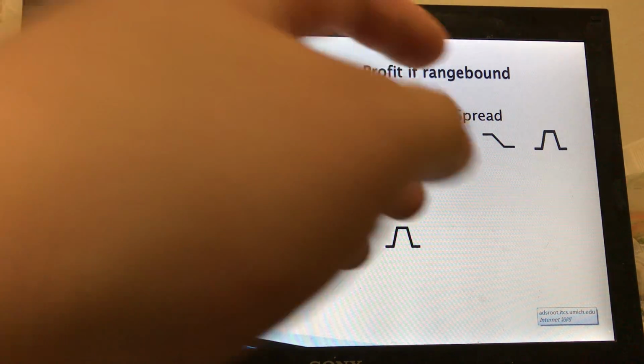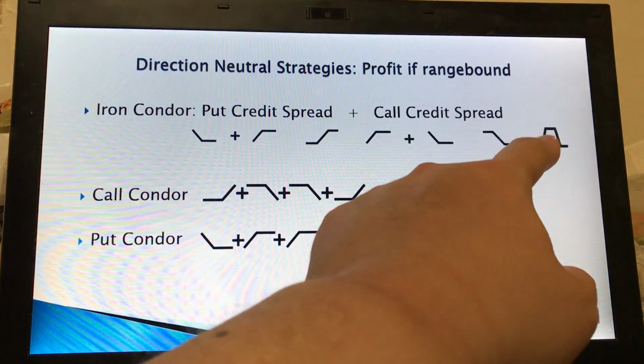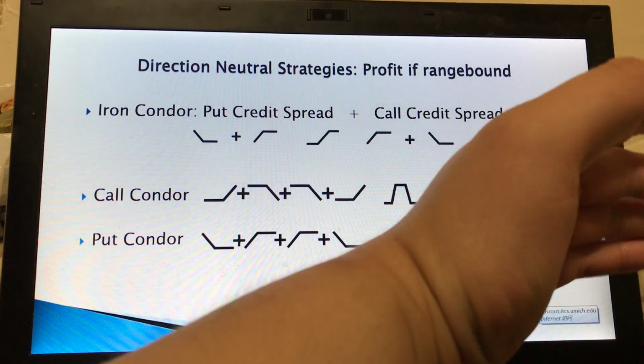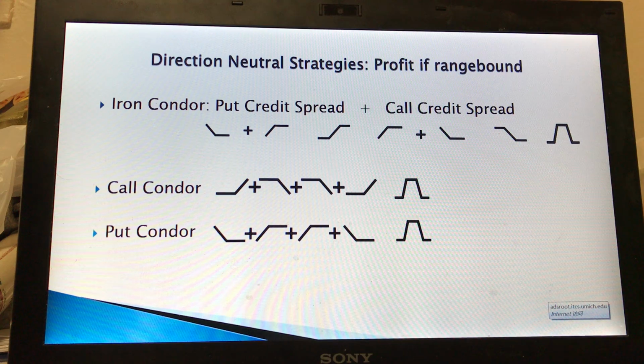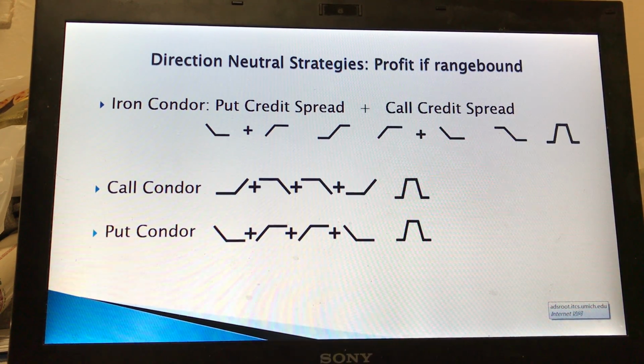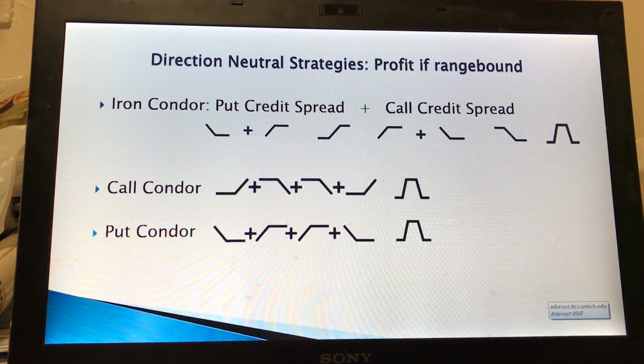Since both the put options and the call options go from very expensive to almost worthless, you are almost earning both option premiums on the two sides.